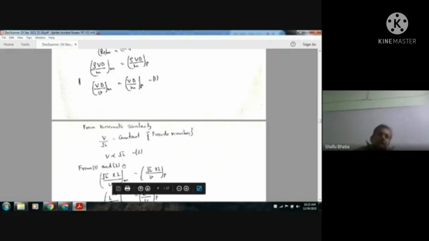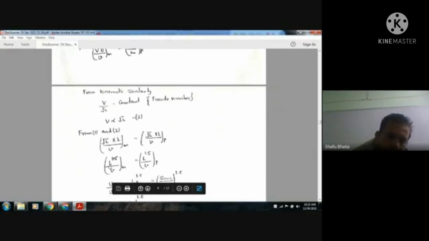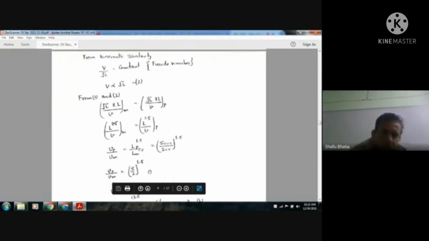So putting v equal to root L and d equal to L, because they are geometrically similar, we get v root L and this is L. So this is L to the power 1.5, and this is also L to the power 1.5. So the ratio of viscosity will be this.